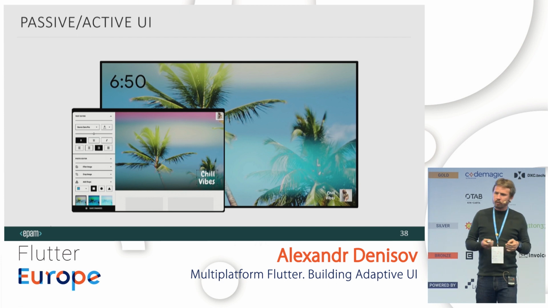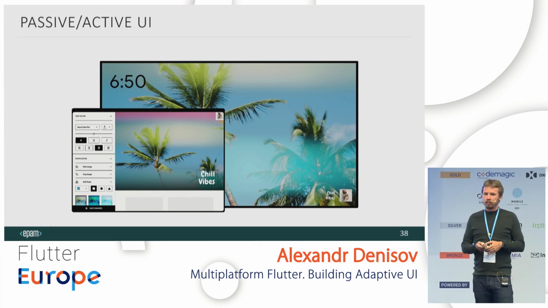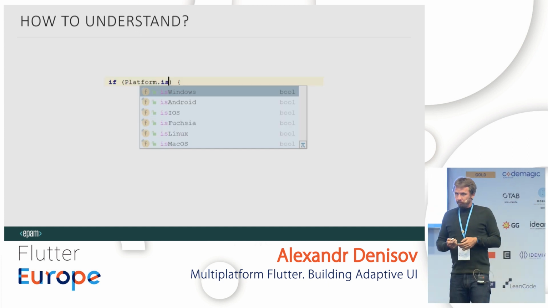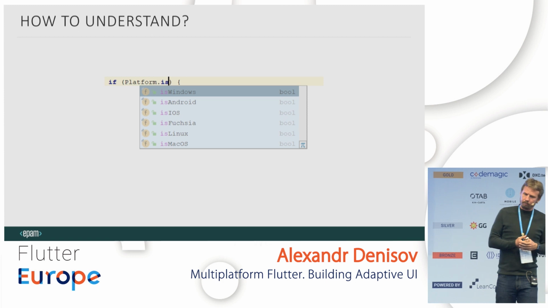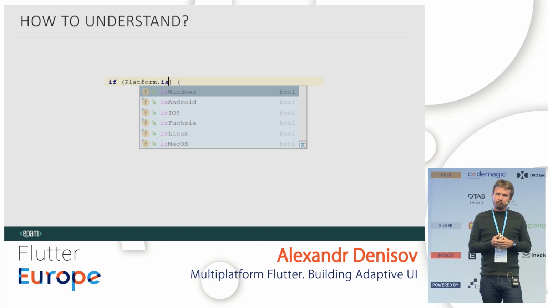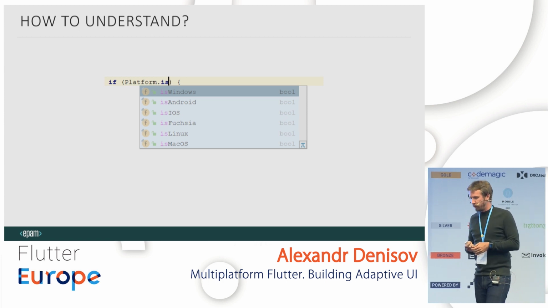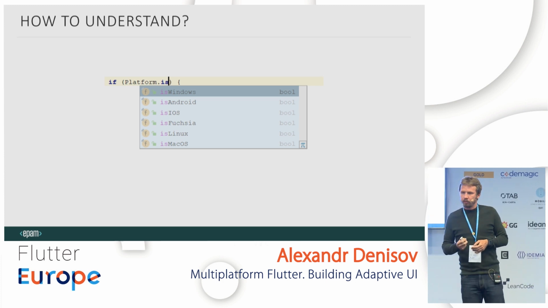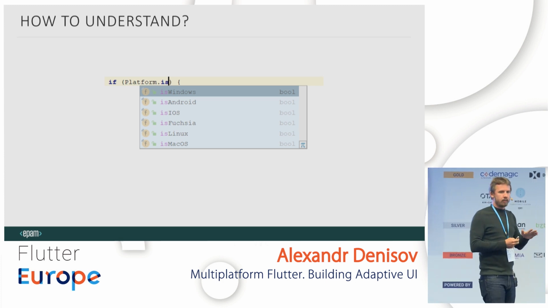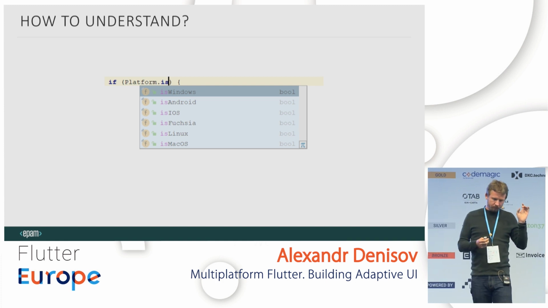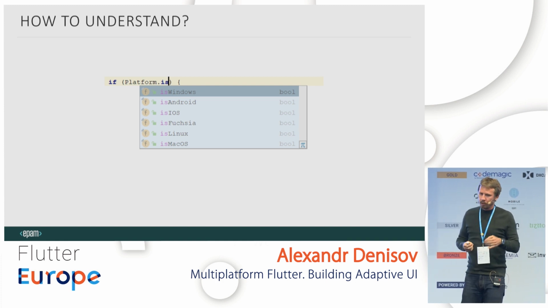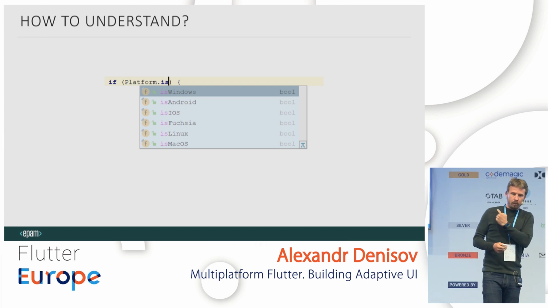But how do we determine where is TV and where is desktop? Let's think about it. We can check the platform. There is a Platform class for it that allows us to determine 6 different platforms: iOS, Android, Linux, Windows, macOS, and Fuchsia. Yes, Fuchsia is there as well.